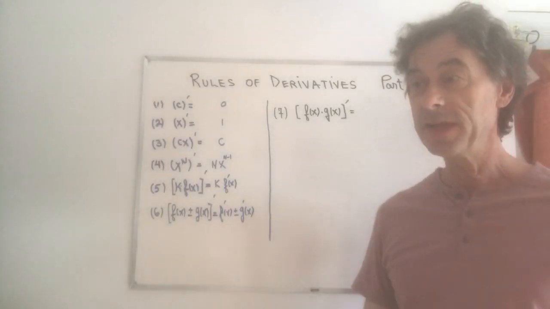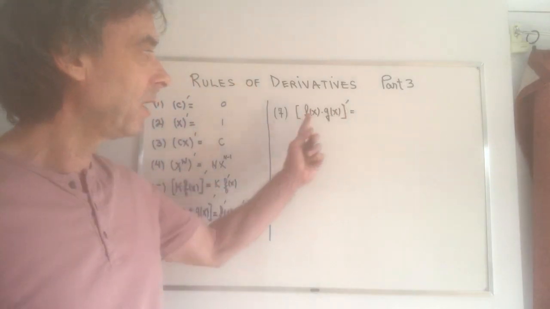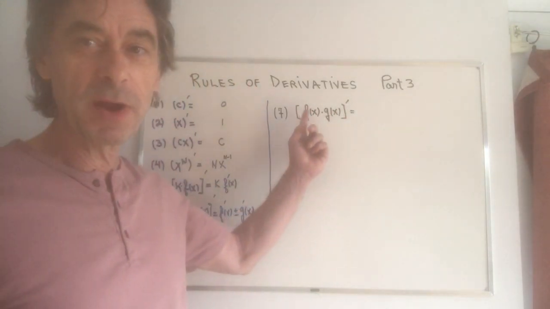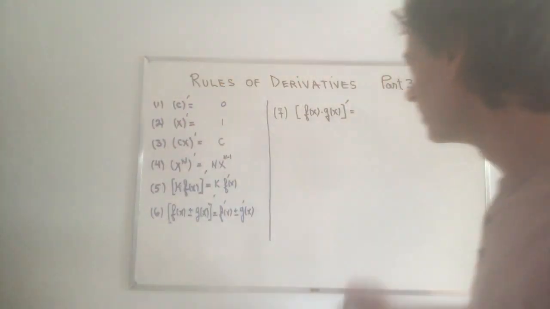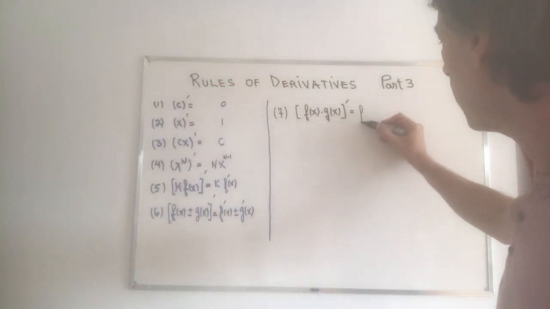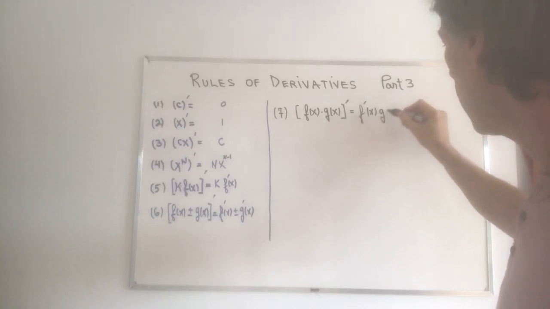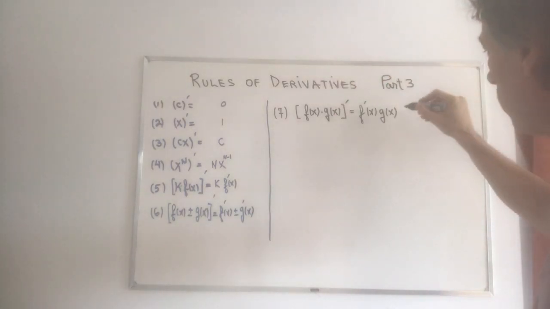So, intuitively, what we would like to do is just take the prime and give it to each, right? Wouldn't that be nice if it were f prime times g prime? Unfortunately, it is not. It is a little more complicated than that, but not much. This is f prime times g. So the prime goes to f, but not to g.